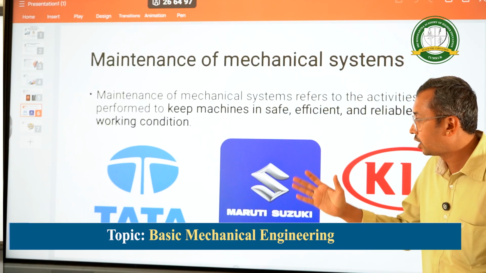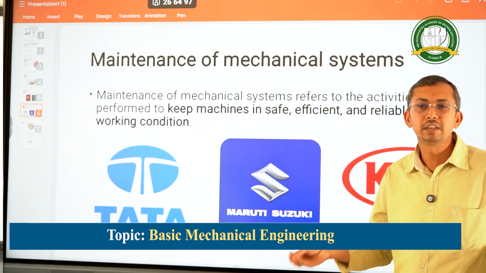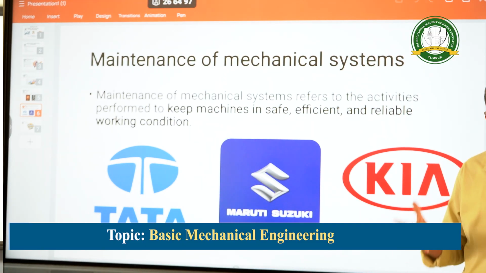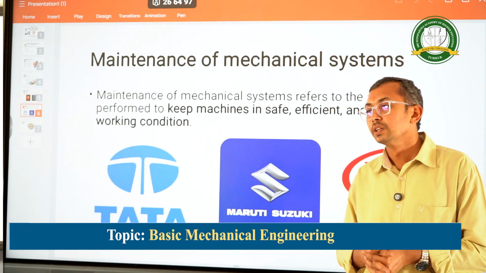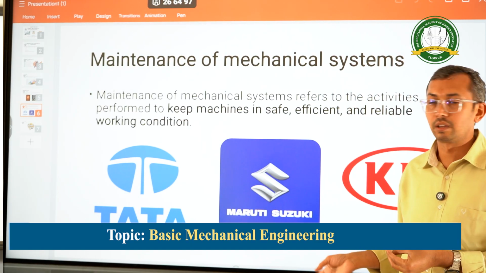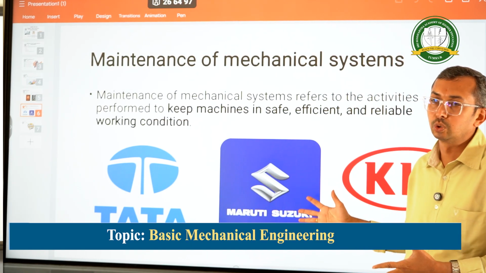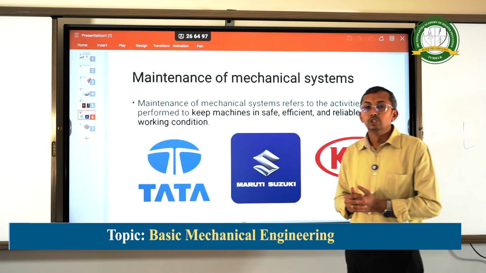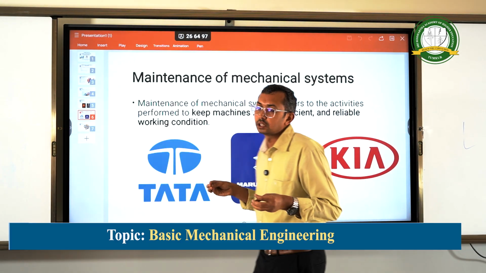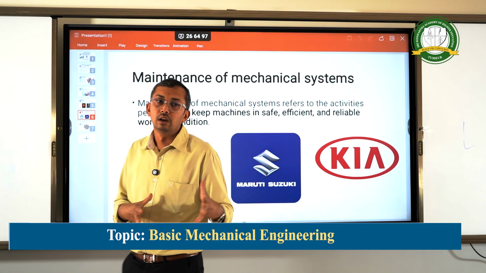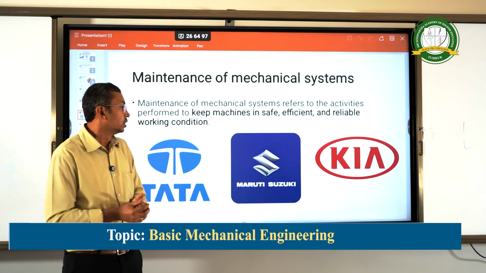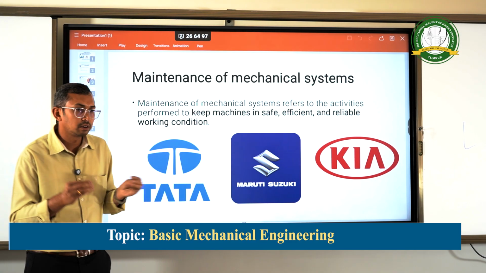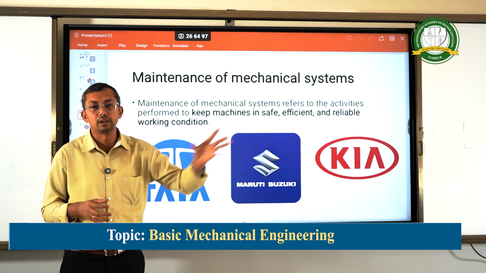Here I have taken a few examples. In the Indian market, different car segments are available, where I have considered a few examples, for example Tata, Maruti Suzuki and Kia. An average Indian customer with average income looks at the different brands available in the market.